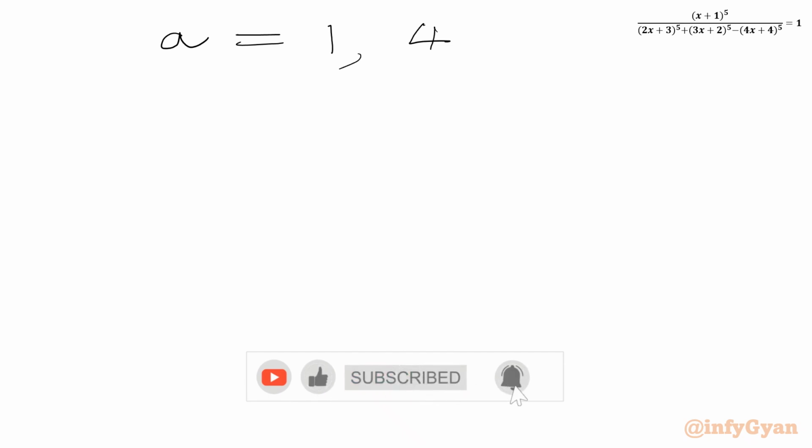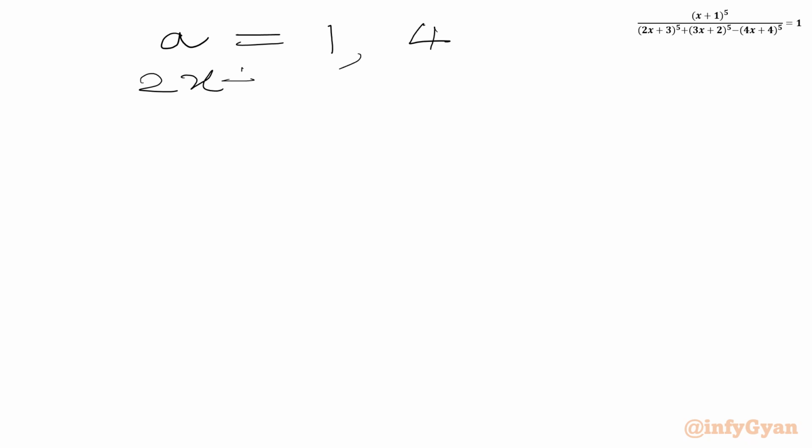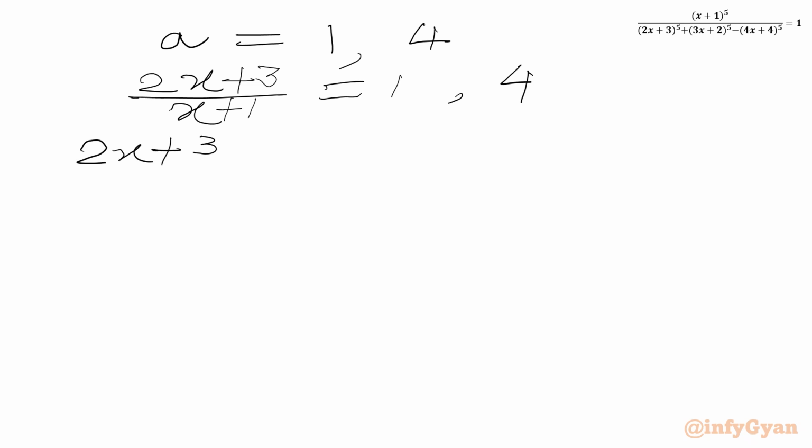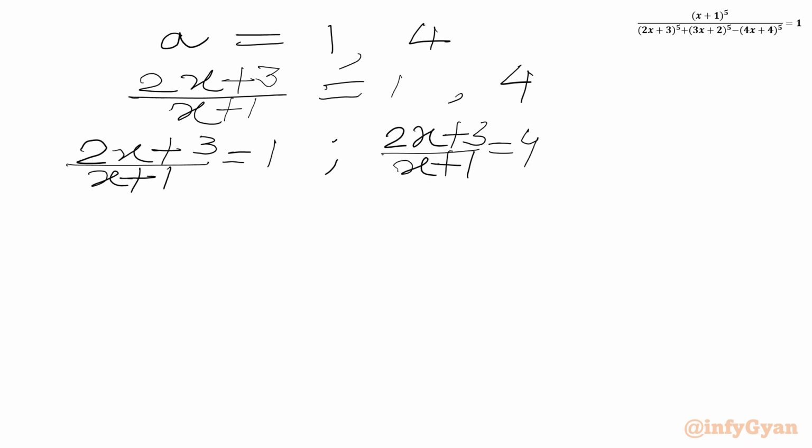Now A was our substitution, 2x plus 3 over x plus 1. So I will write here 2x plus 3 over x plus 1 equal to 1, equal to 4. Let us write two equations. 2x plus 3 over x plus 1 equal to 1. And the second equation will be 2x plus 3 over x plus 1 equal to 4.